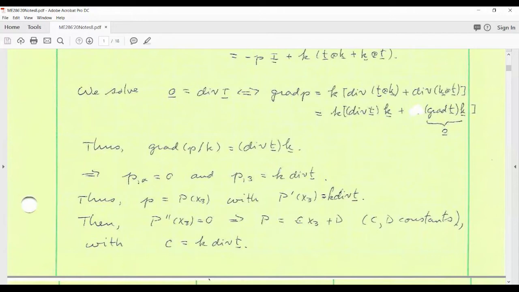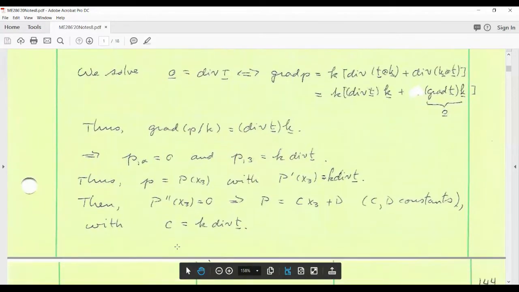So there's some constant c times x3 plus another constant. And c then has the interpretation of an axial pressure gradient, that is a pressure gradient in the direction of k. So the equation we solve is c equals k div t, where c has to now be a constant axial pressure gradient. Constant because of equilibrium. That's what we deduced from equilibrium.